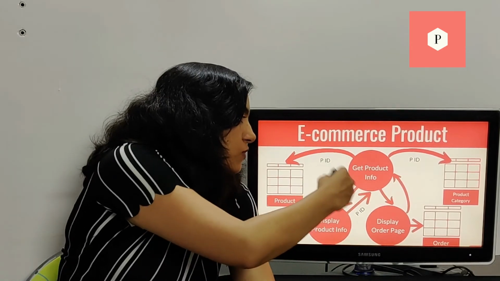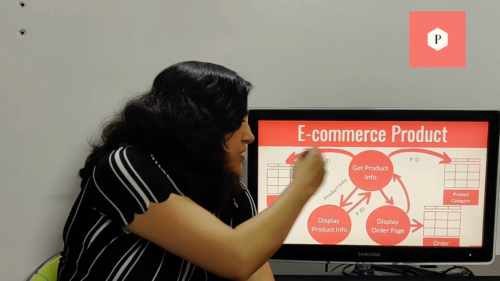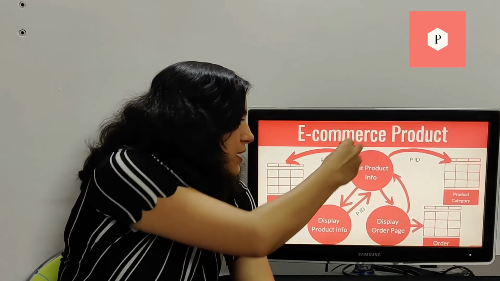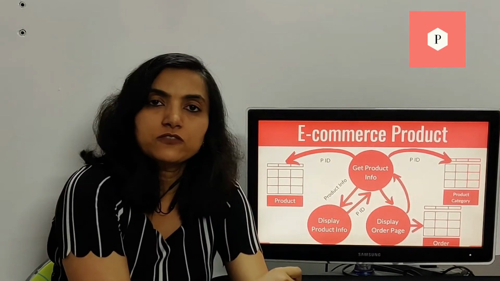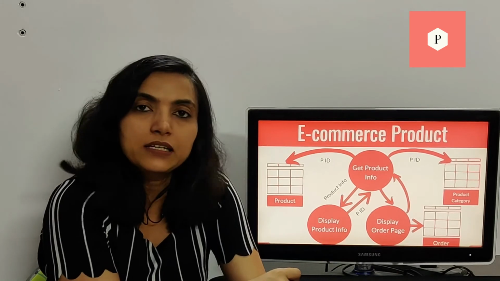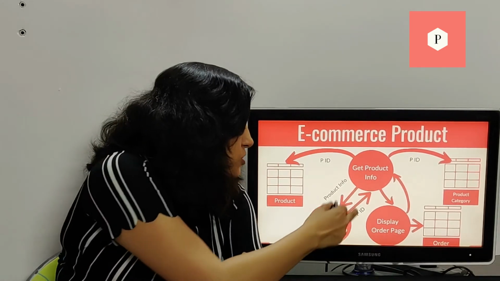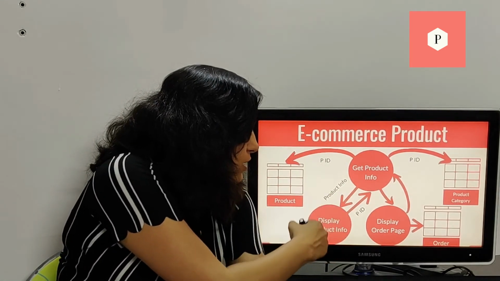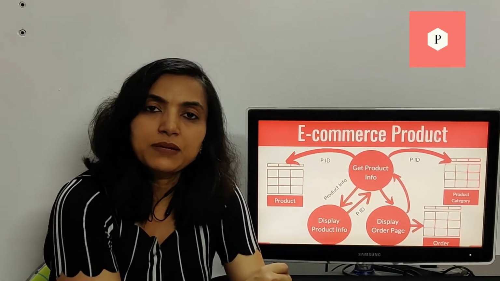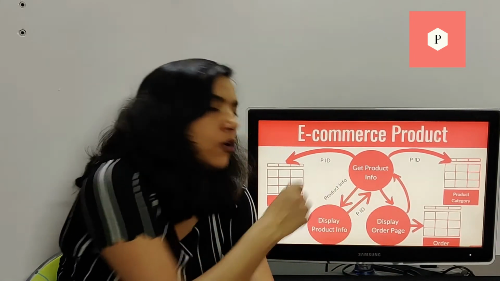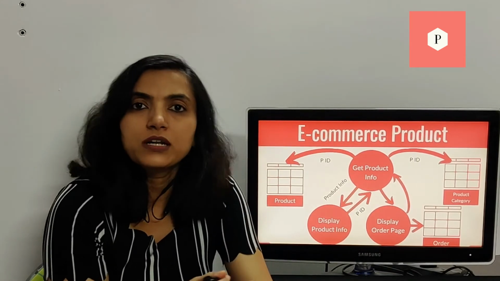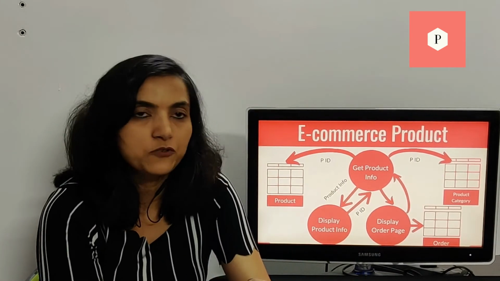So this code will return the information that was already present as well as the new tax information to each of the different pieces of code which is calling it to get the product information. Now suppose it is only the product information display that needs to use this new tax information, and on the order display page, let's suppose you don't need to separately display the tax information.